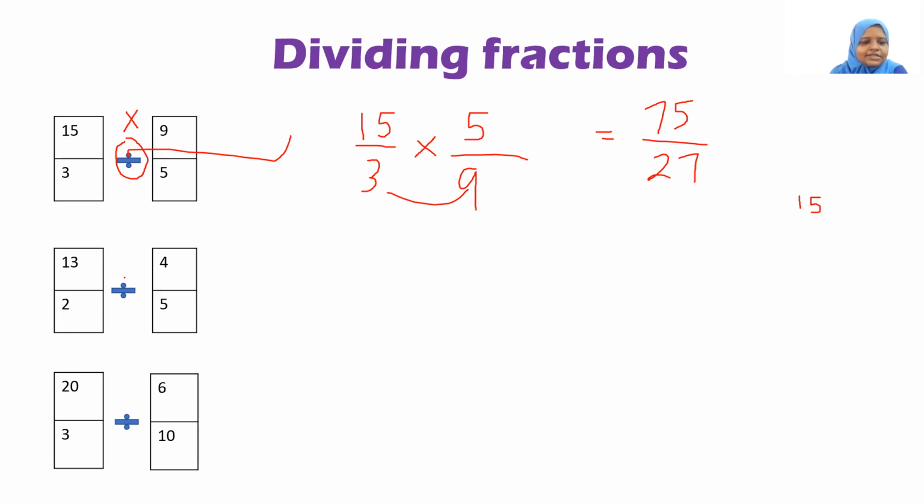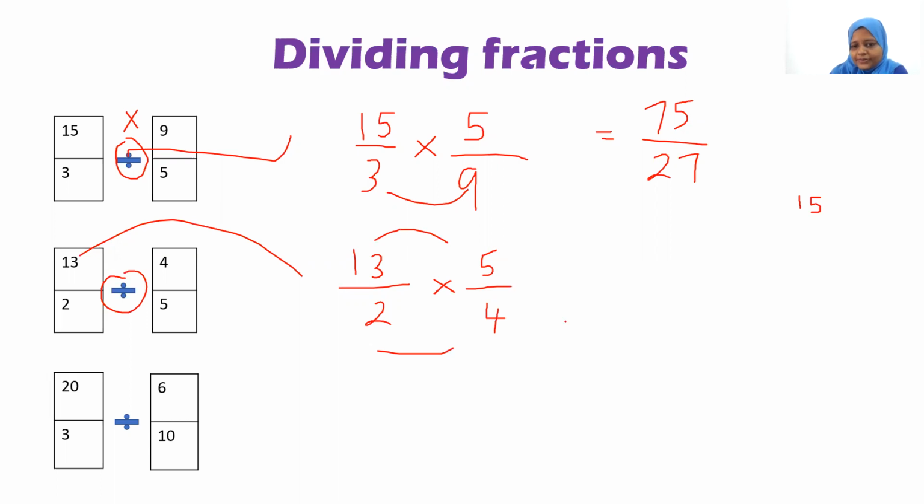Now look at this example. This here also is division, so you can't have division here. You have to change it into multiplication. The first fraction doesn't change, children. Remember that very well. When the sign changes into multiplication, the second fraction becomes reciprocal, which is the denominator goes up and the numerator comes down. Now multiply these two and write it here.